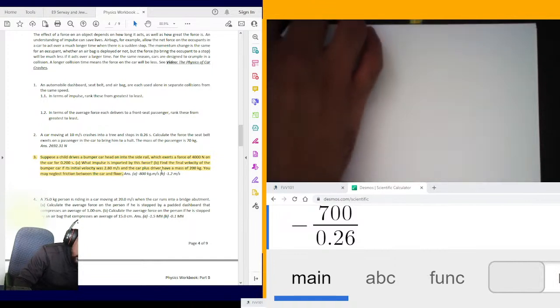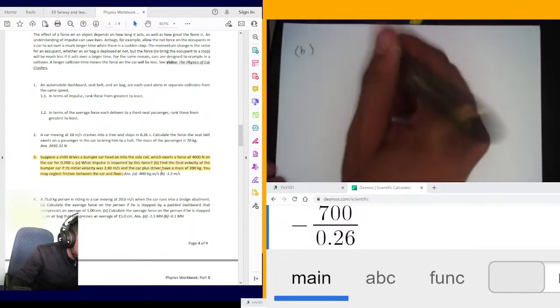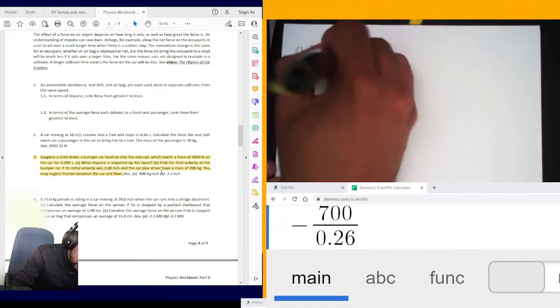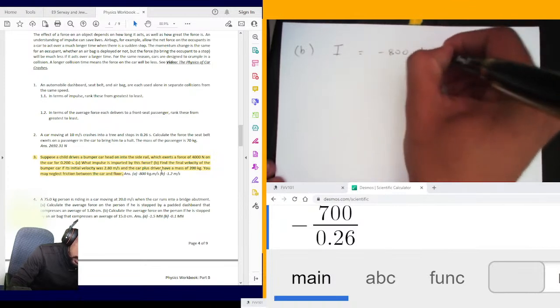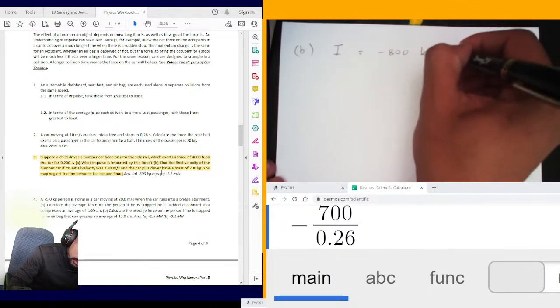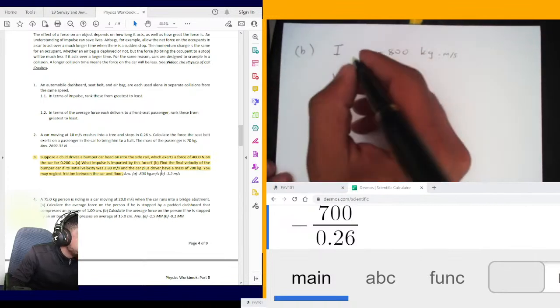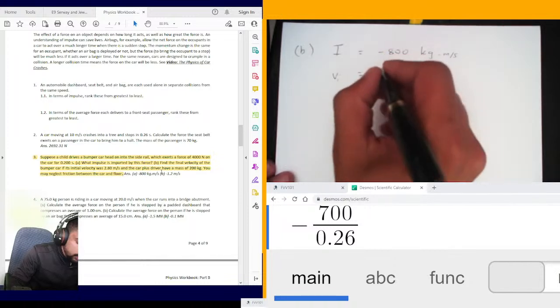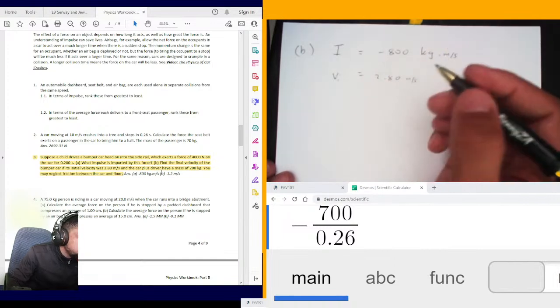Find the final velocity of the bumper car. So we have bumper car B. We have the impulse, which is equal to negative 800 kilogram meters per second, and then we also have the initial velocity of 2.8 meters per second.